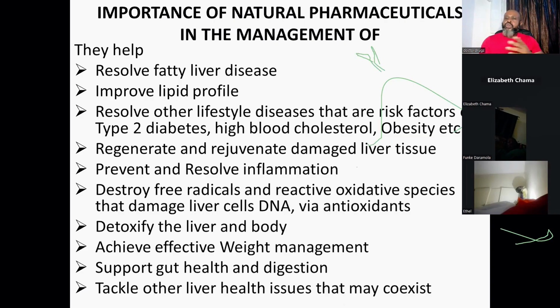So let's go to something natural, since lifestyle diseases often respond better to lifestyle changes and natural pharmaceuticals, whether we like it or not. That is just the truth. Lifestyle modification and natural pharmaceuticals are what treat lifestyle diseases better. You understand?